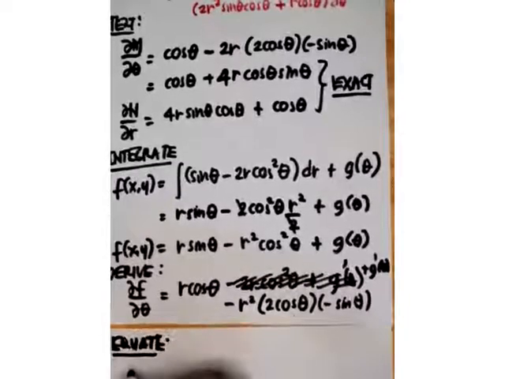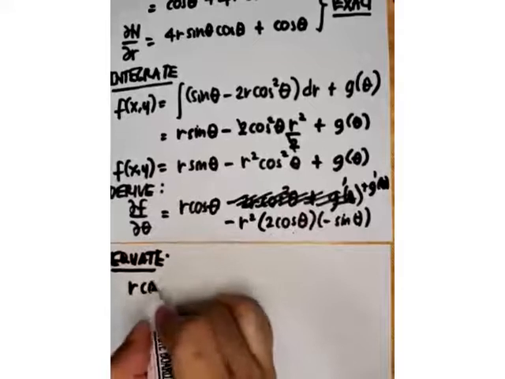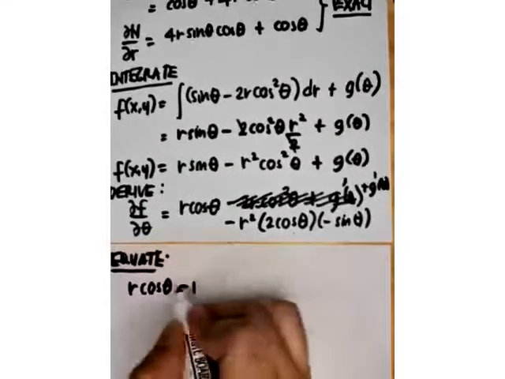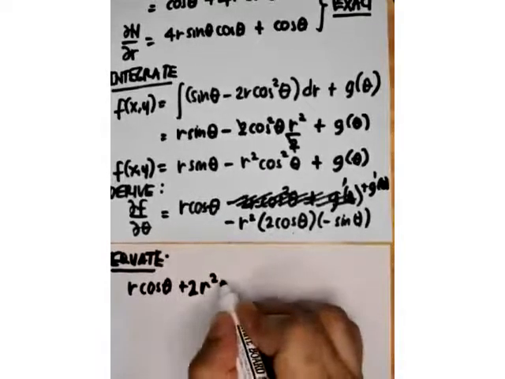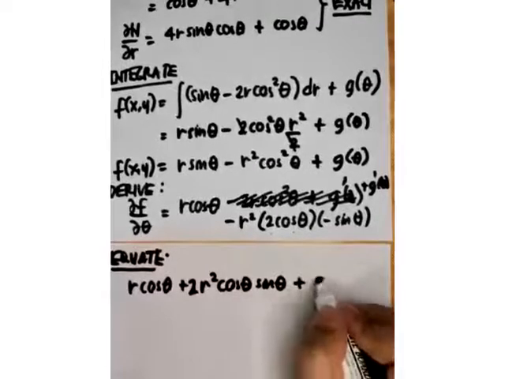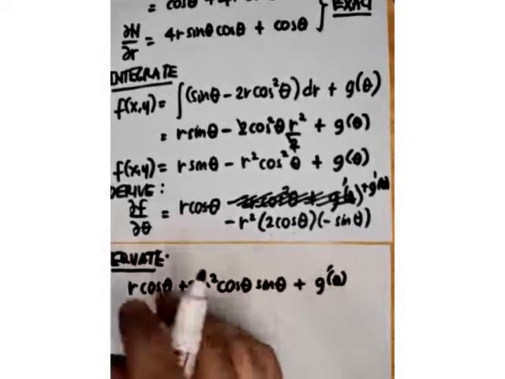So, equate natin yung r cosine theta minus, plus na pala, 2 r squared cosine theta sine theta plus g prime of theta. So, that's equal to yung n.